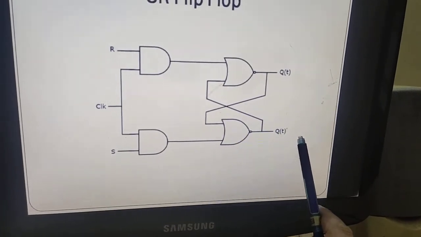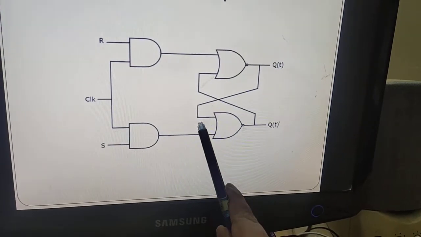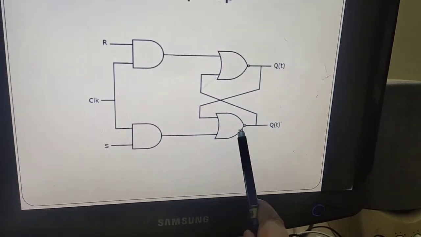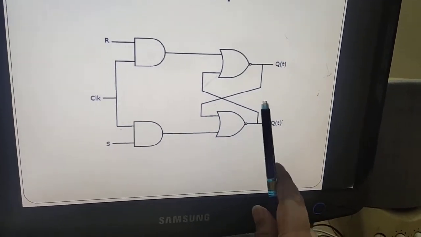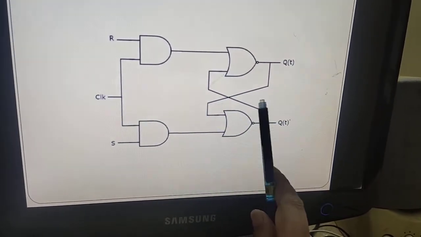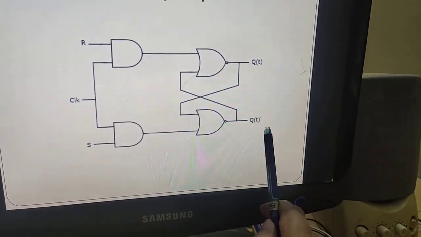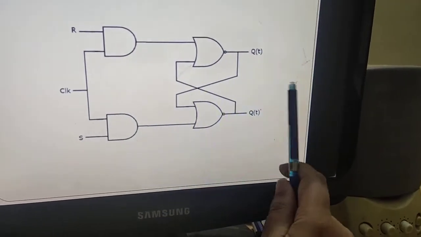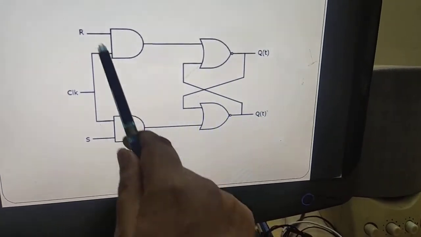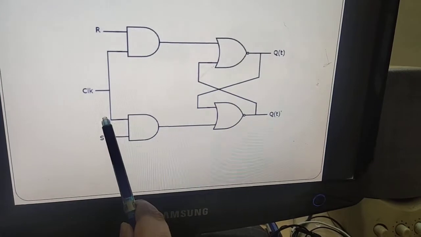In combinational logic circuits, you never had an output which is given as an input. Only in these kinds of circuits you are going to have an output which is given as an input. So whatever the value of Q of t and Q bar of t at the very start, that same value will remain when S is equal to 0 and R is equal to 0, keeping clock is equal to 1.